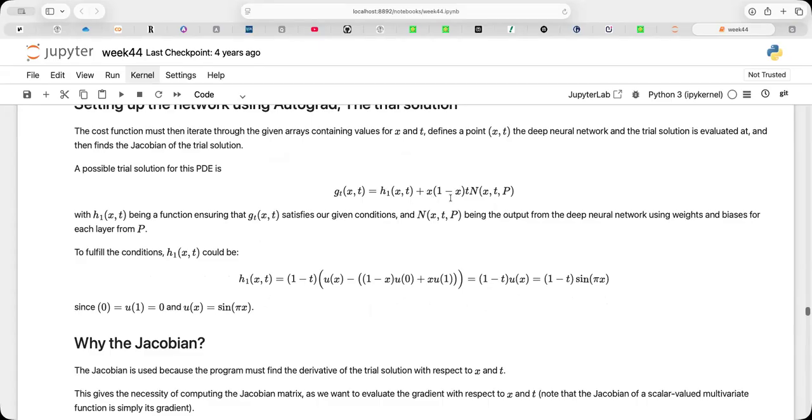This is the one now which contains those boundary conditions. But you see now that I want to have at t equals 0, I multiply with t here. So this is just an ansatz for the trial wave function. And you see then that this function, which now fulfills the boundary conditions you have with this u of x equals sine pi times x, could be something like this.